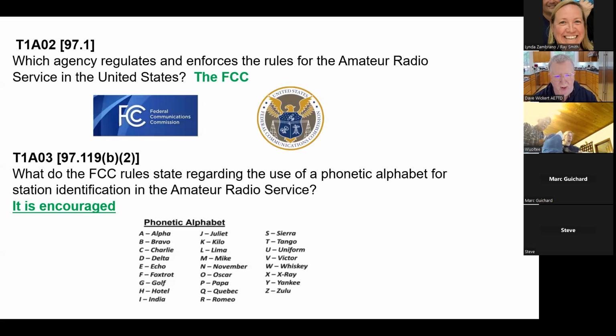And what they're trying to do is make their transmission stand out against other people that may be talking on the air, rather than trying to make sure their message is communicated clearly. So the FCC does not require you to use these words for the phonetic alphabet, but they highly encourage it. Any questions?